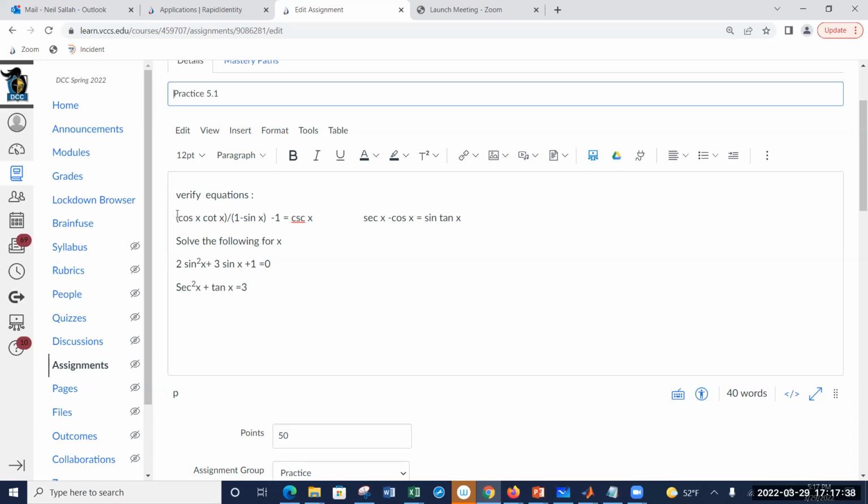Okay, so there are two questions on the top that say verify. The other two you solve for x.